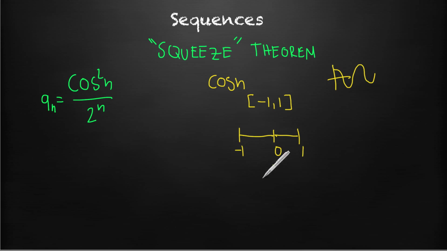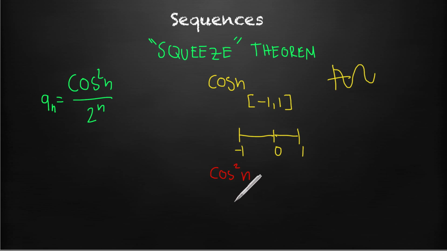So this represents the cosine of n. Now, cosine squared of n, well, if you take any of these negative values for cosine and square them, they are going to become positive. If you take any of the positive values of cosine and square them, they will stay positive.